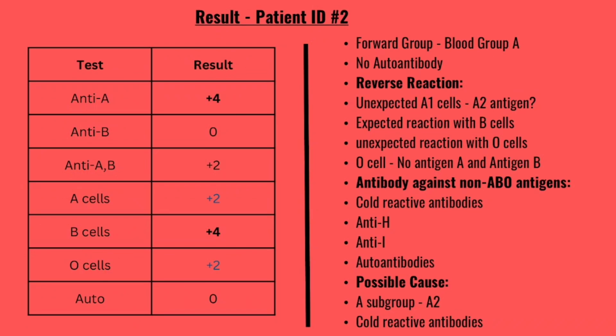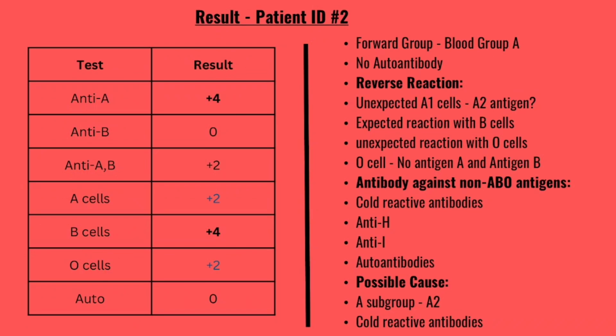But what could have caused this ABO discrepancy? The reaction we are seeing on A cells and on O cells could be due to antibodies that can react with ABO antigens. Maybe that is why it is weakly expressed.